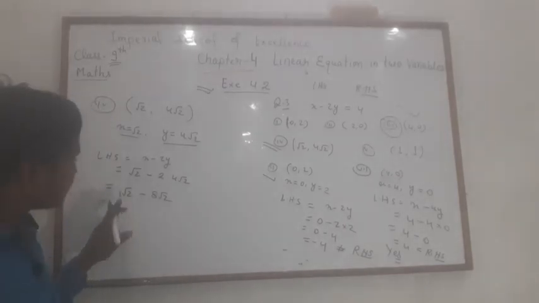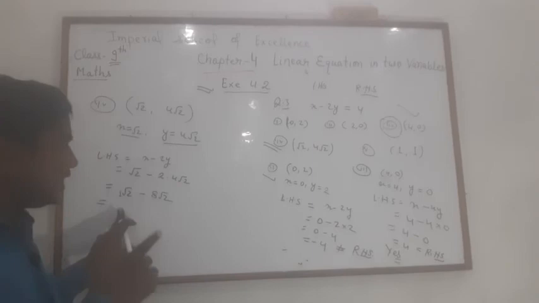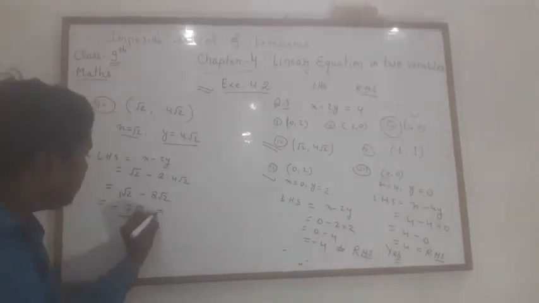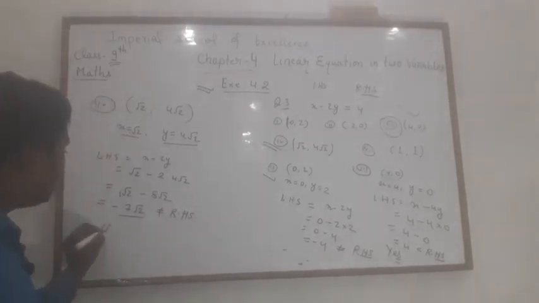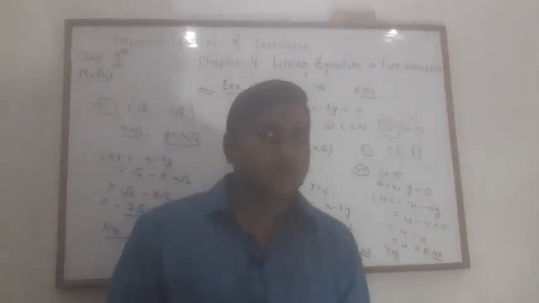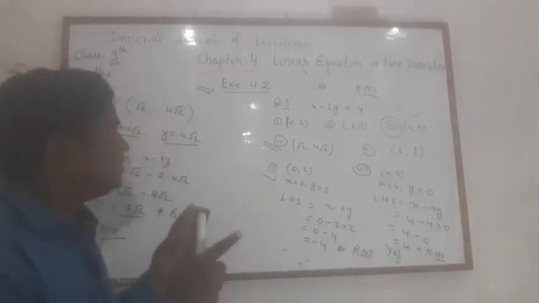When you subtract 8 root 2 from 1 root 2, it will be minus 7 root 2, which is not equal to RHS. So the answer is no. It is not a solution of this equation. So now you are very clear about these questions.